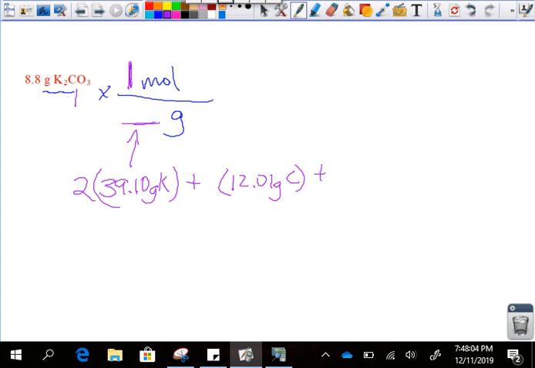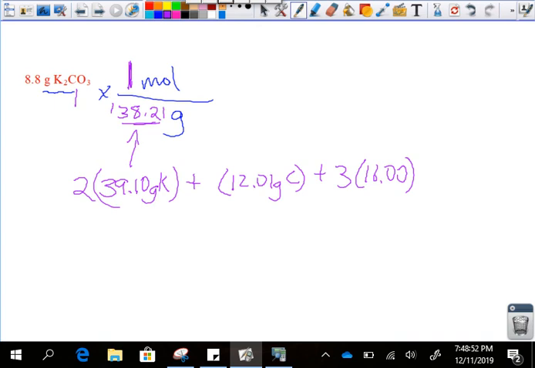And then of course oxygen, which is 16.00, multiplied by 3. Add that together, and I will be able to find the mass of a mole. According to my space age technology calculator, it is 138.21 for the molar mass.